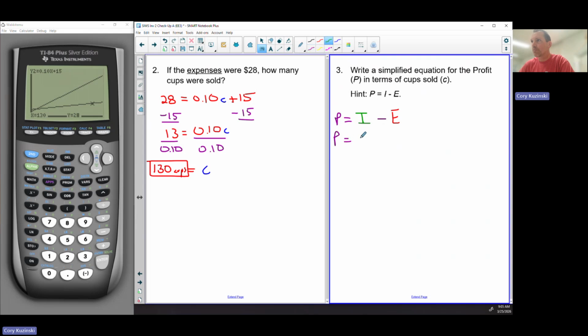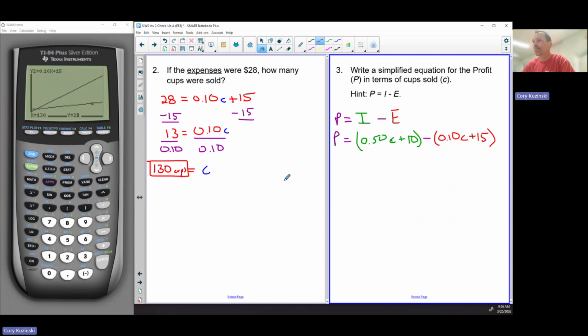Profit equals our income, which was 50 cents per cup plus the $10, minus our expenses, which were 10 cents per cup plus $15. So there's an equation that'll give us our profit.